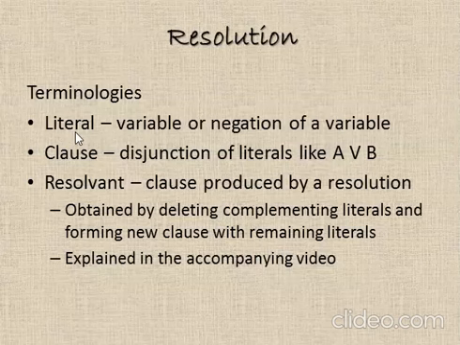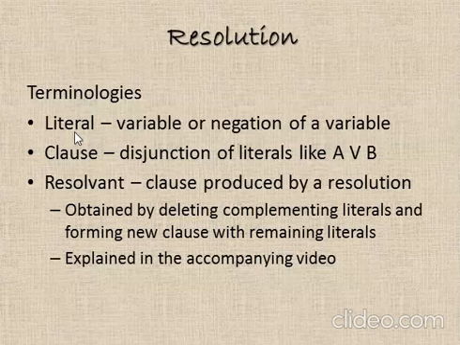We will be comfortable with this topic when we see some examples. Suppose we have a clause A or B, then another, not A or C, then we can delete this A and not A. They are the complementing literals, and finally we reach B or C. That is called a resolvent.